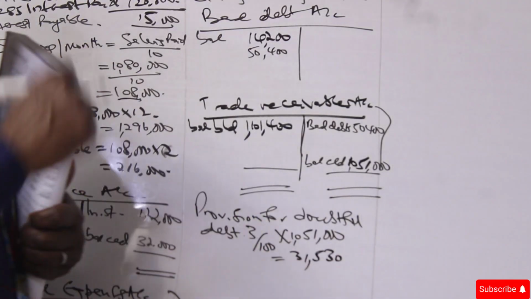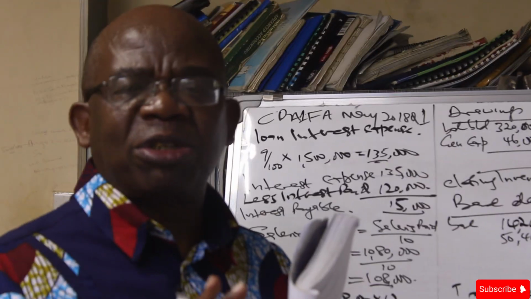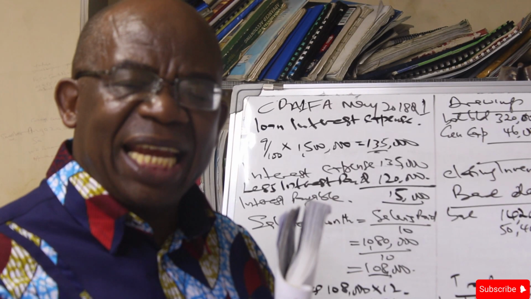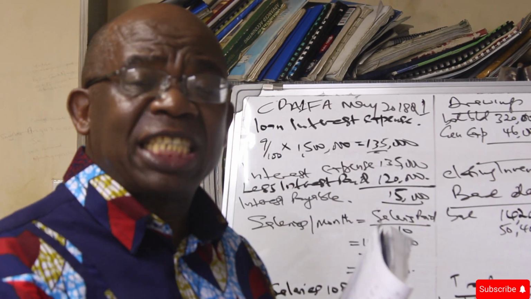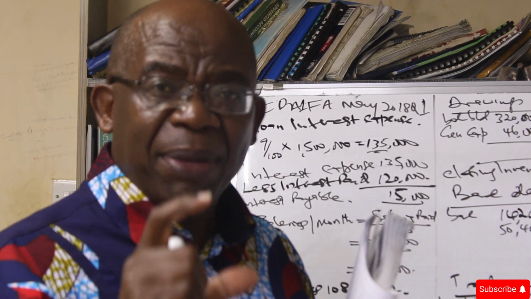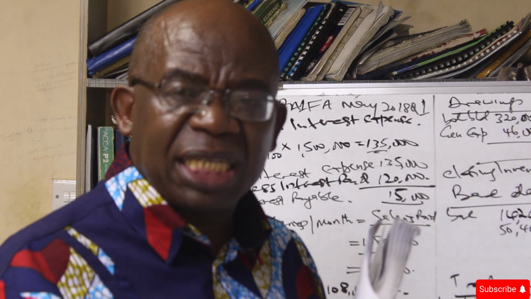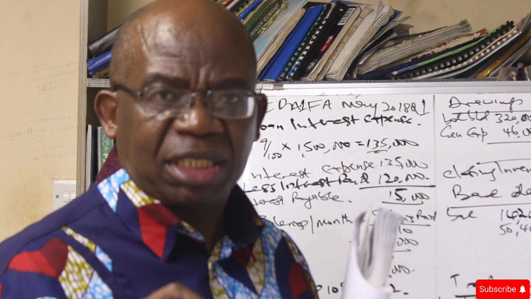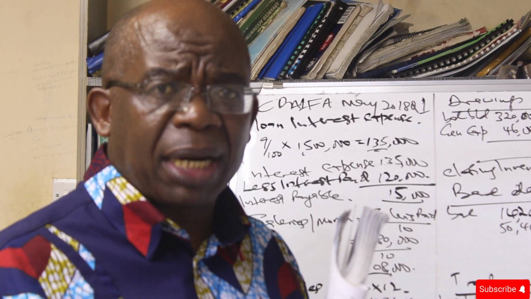Once you get the closing provision for doubtful debts, always go back to the trial balance. If you don't find any provision for doubtful debts in the trial balance, that figure becomes an expense in the income statement and a deduction from trade receivables in the balance sheet.